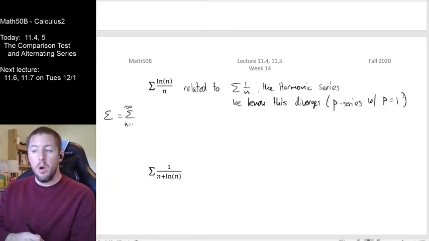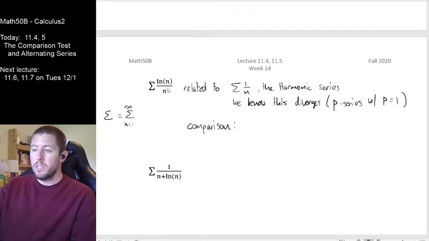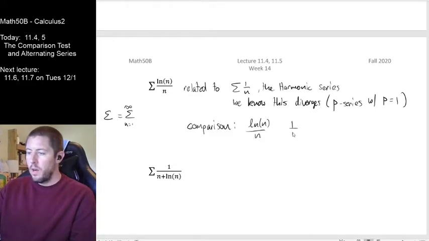All right, so what I know is that the two things that I'm comparing, the thing I want to know about and the thing I do know about, I know that this guy diverges right here. The comparison that we now get to make is what's the relationship between these two? Natural log of n over n versus 1 over n.